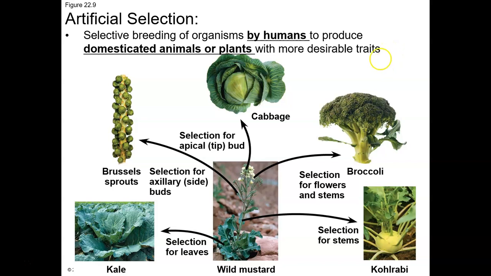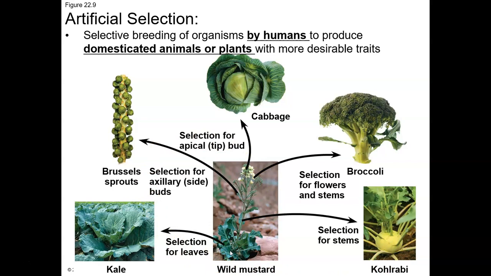One great example of artificial selection is in the wild mustard. This is what this plant looks like in nature. Okay, this plant, this species, is the original species. It's actually the same species that is used for all of these different products that we get at the grocery store, depending on what the prior generations have been selected for.